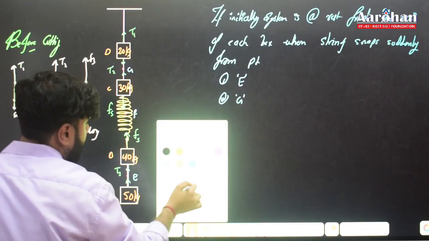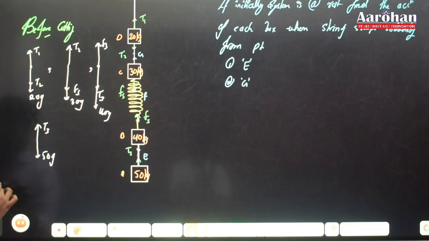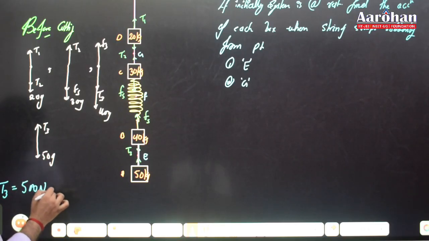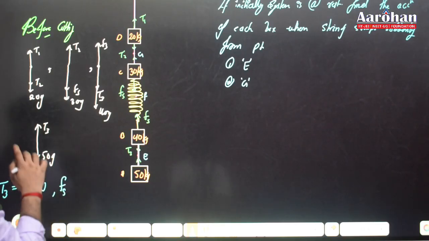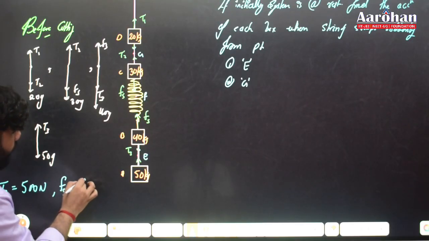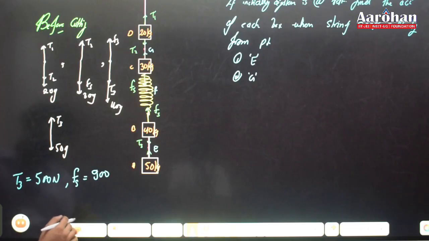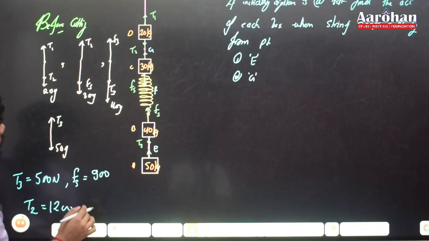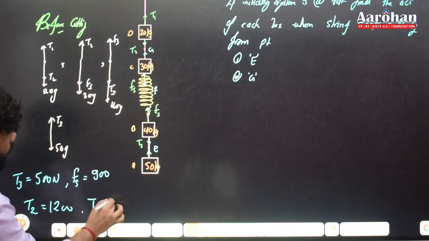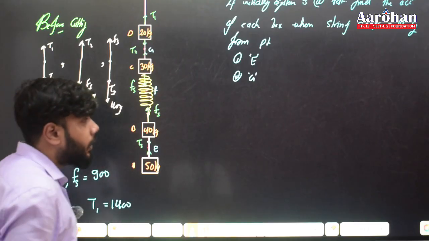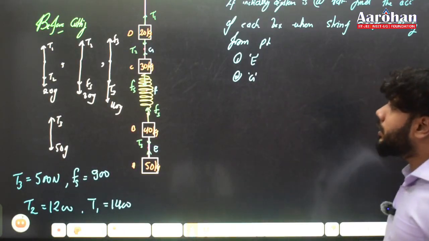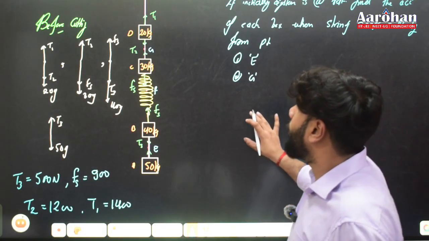If you write the equations, before the cutting stage, T3 is 500 Newton, Fs will be 900, T2 will be 1200, and T1 will be 1400. You can calculate it from the equations also. So this is the FBD before the cutting stage.